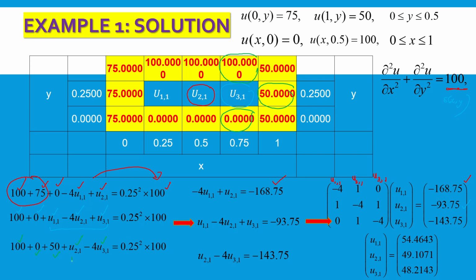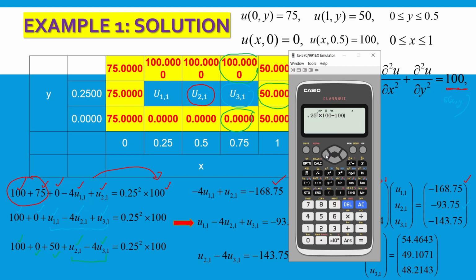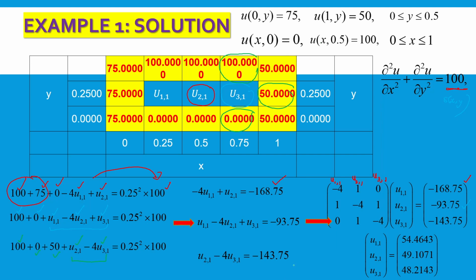Then simplify it, you have U21 minus 4 U31, equal to 0.25 squared times 100. Left side total is 150, so bring to right hand side, becomes minus 150. You get negative 143.75.